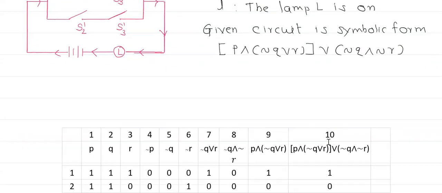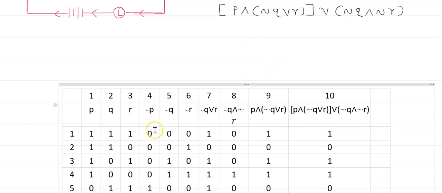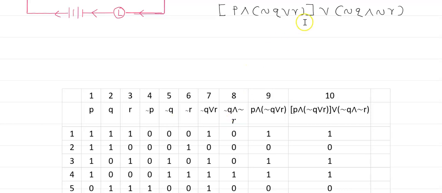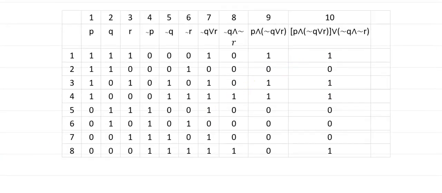Now we will construct the table. For this table we will require P, Q, R. Next we will require the negation of Q. I had found the negation of Q also, and in this way we will prepare the table that we require here.